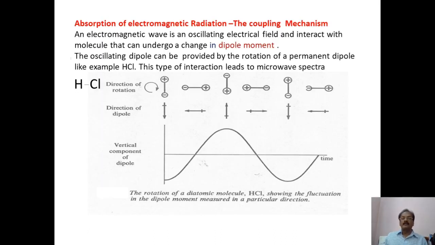Now when the molecule is going to absorb microwave radiations, an electromagnetic wave is an oscillating electric field and interacts with a molecule that can undergo changes in dipole moment. The oscillating dipole can be provided by the rotation of a permanent dipole, for example HCl.